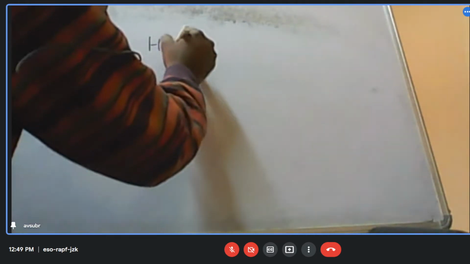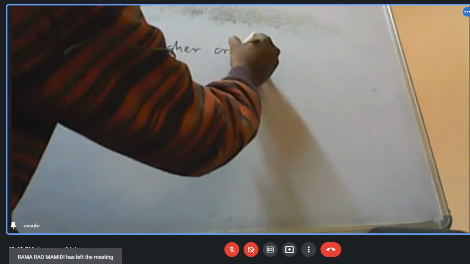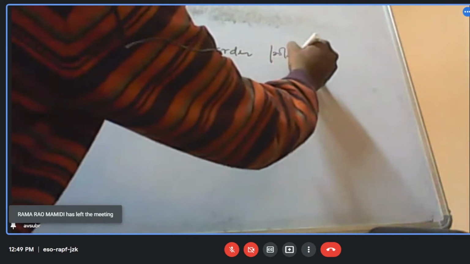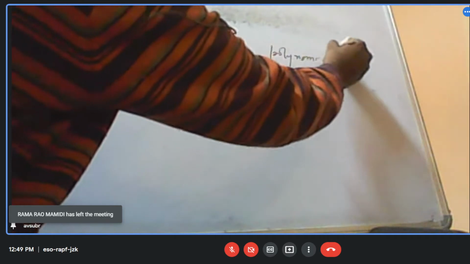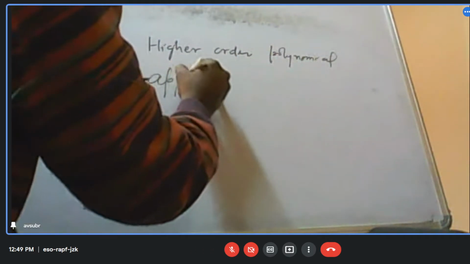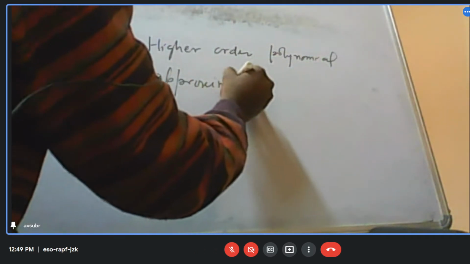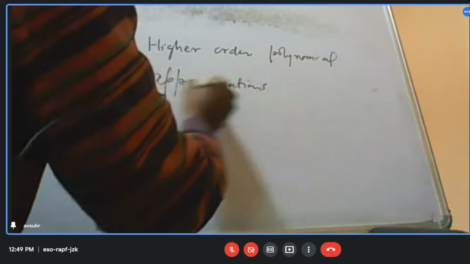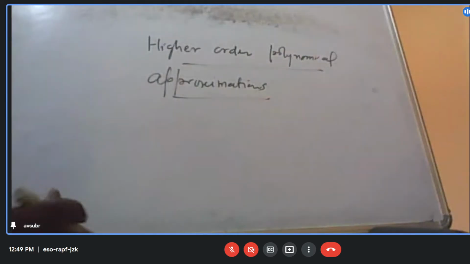I can trace out this cos x curve to a relatively larger distance. So what if I take higher order polynomials? Let us take a higher order polynomial approximation.